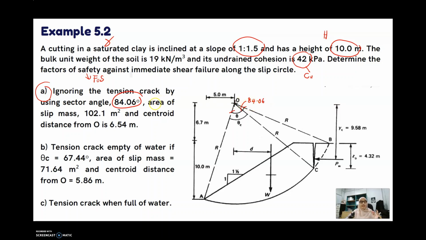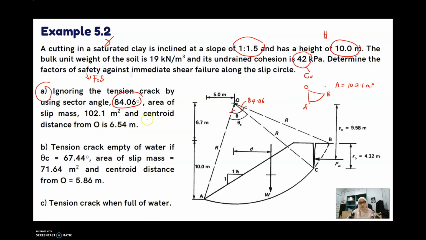The area of the slip mass is 102.1 meter square, meaning the area from O to A to B, the original slip. The area O, A, B is equal to 102.1 meter square.